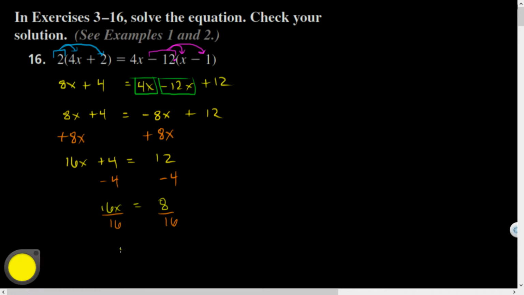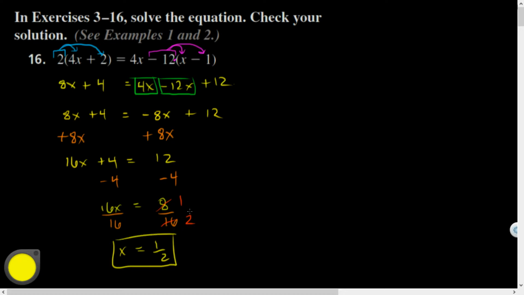And I'll have x equals, now 8/16 can reduce. What's a number that goes into both 8 and 16? 2? Anything better? 4? Anything better? 8. 8 goes into 8 one time, and into 16 twice. So I'm going to get x equals 1/2.